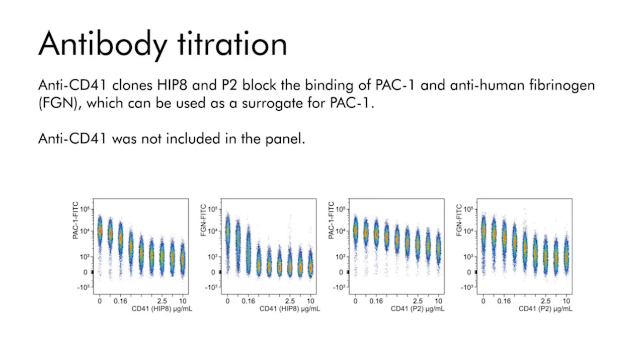And this is maybe not surprising because anti-CD41 targets the same receptor complex as PAC1 and anti-human fibrinogen. And we did not want to compromise on PAC1 staining because it's an important clinical and functional marker, so we dropped anti-CD41 from the panel.